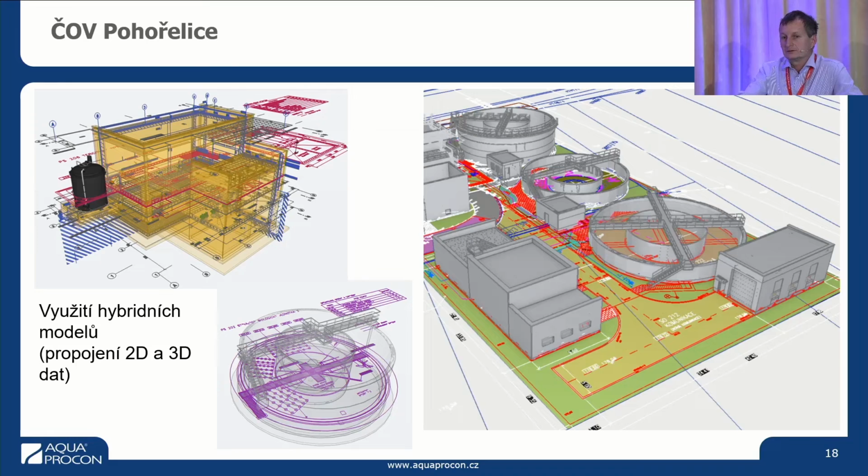But the great advantage of the CDE is that we can also work with hybrid models. Here on these pictures, you can see that the 3D models are overlapping with 2D drawings. So we can use both 3D and 2D and overlap it, and it's a great thing.